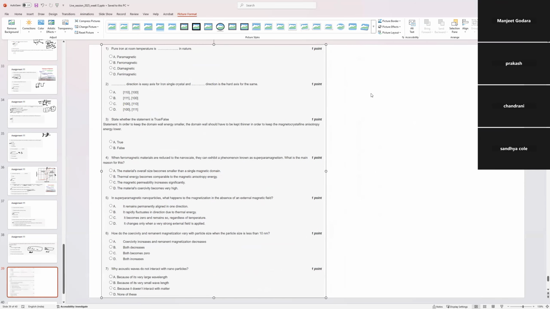Pure iron at room temperature is... iron's d orbital is partly full, so there are some unpaired electrons, so it will have some moment. I won't take the answer.